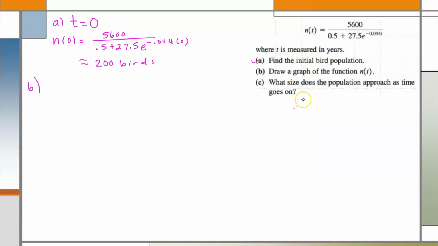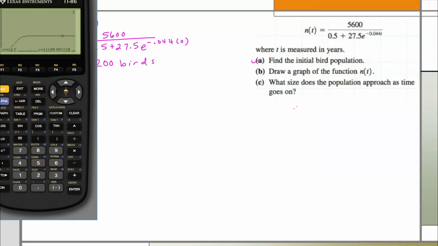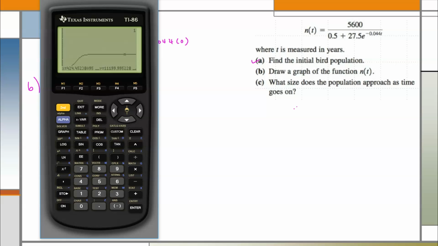I don't think we're getting much bigger than that. I'm going to say 11,200. So now we're starting to focus on building up the 0.9, 0.99, 0.999. So this value is approaching 11,200.